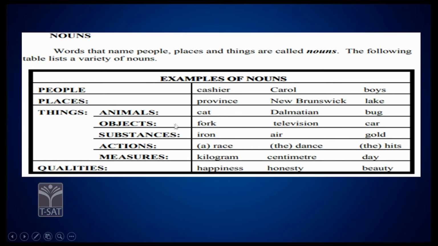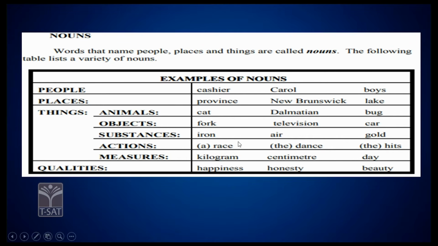Now we look at things. The first is animals: cat, dog, lion, etc. Dalmatian, one of the breeds of dogs. Bug is also one of the examples of animals. There are any number of examples, right? The animals which exist on this earth come under this category called nouns itself.